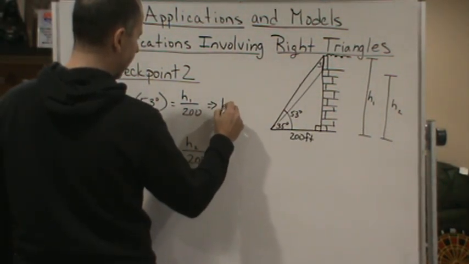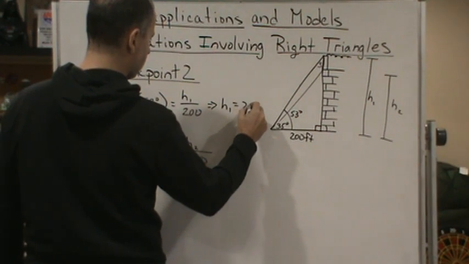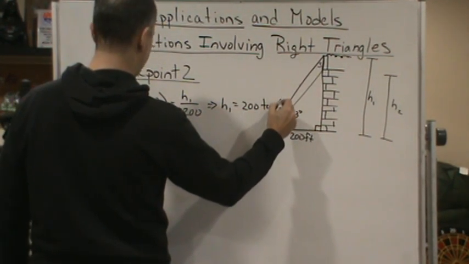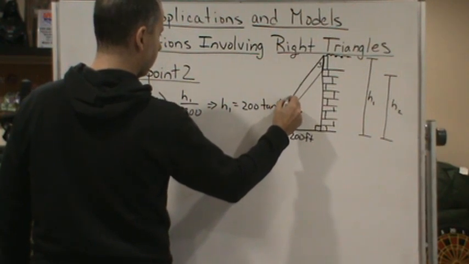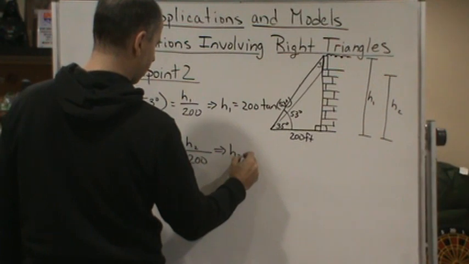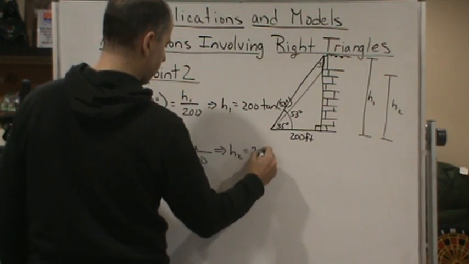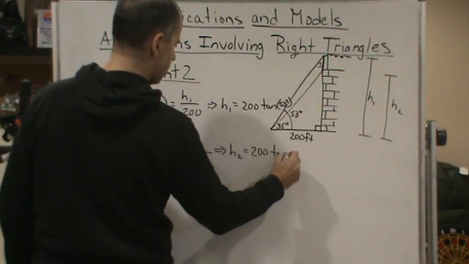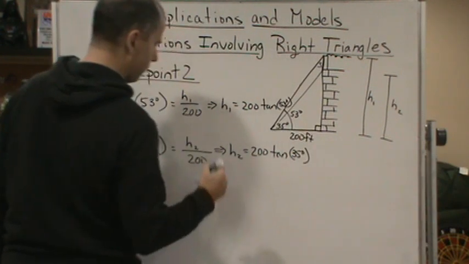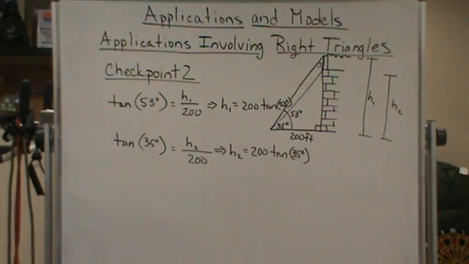H1 is going to equal 200 times the tangent of 53 degrees, and H2 is going to equal 200 times the tangent of 35 degrees. And we're going to round to 1 decimal place, so 1/10 of a foot.